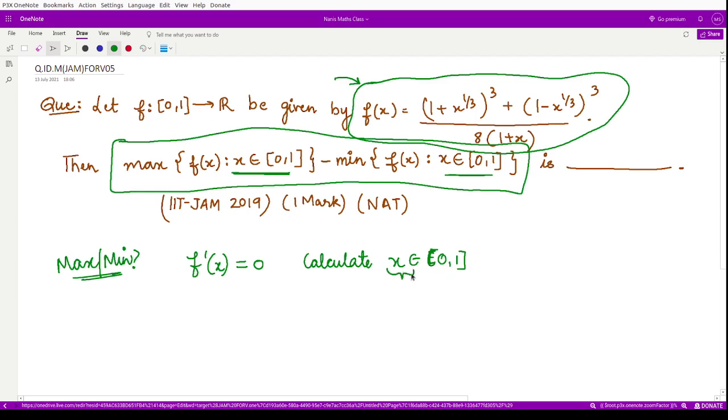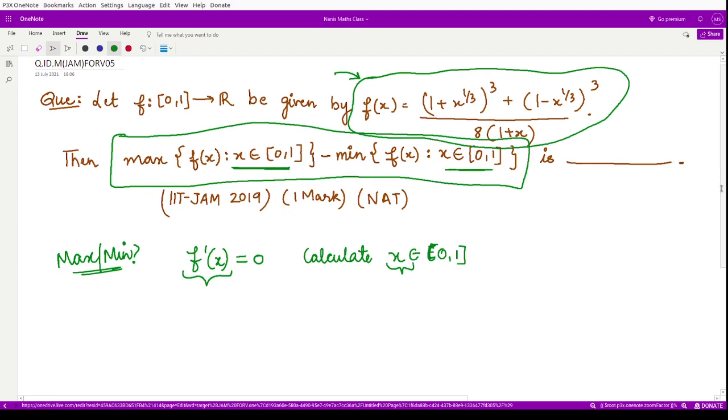At those values of x, we check the sign of the double derivative, and determine the maximum and minimum value by checking the function's value at those points. So that is the procedure, and you already know that. So why wait? Let us try and solve this question.